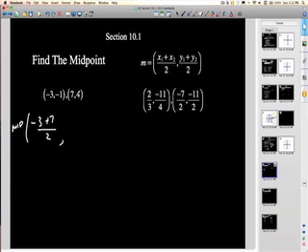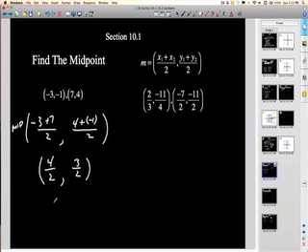And here I would do 4 plus -1/2. -3 and 7 is 4/2. And 4 plus -1 is 3/2. So this becomes 2, 3/2 is my midpoint.